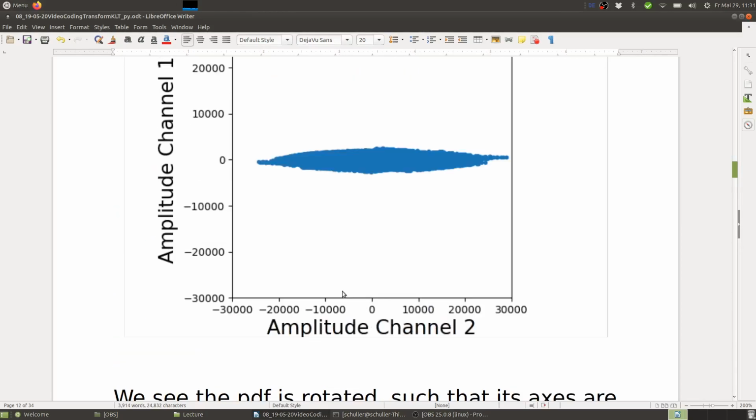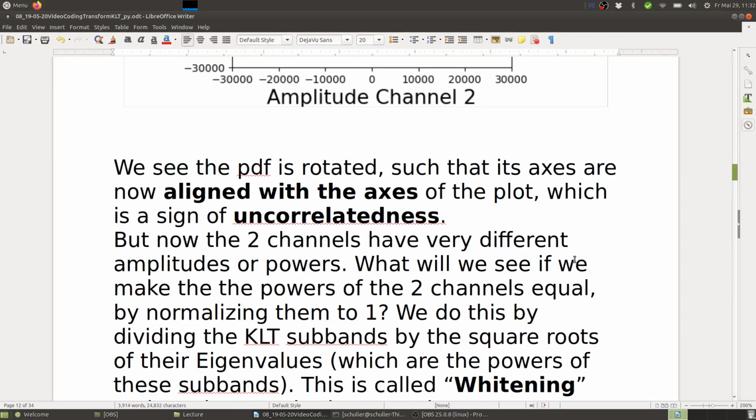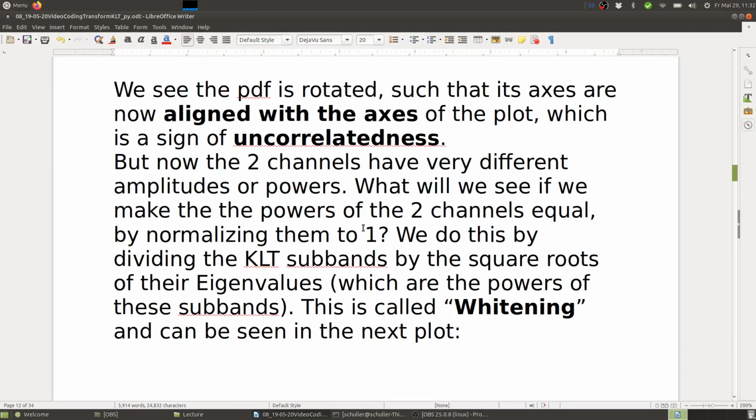Here you can now see channel 2 has a lot of power, channel 1 has only very little power. So very unequal. Imagine we have our two signals. Originally, we assume those two signals are very similar, which we saw in this diagram. So having one channel much weaker than the other is not very natural. So we normalize them such that each has the same power.